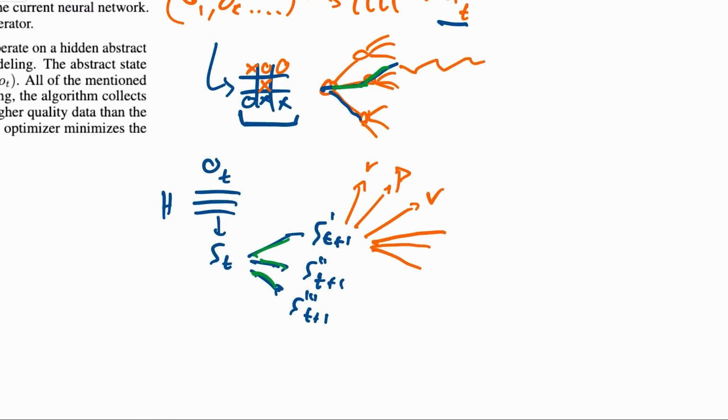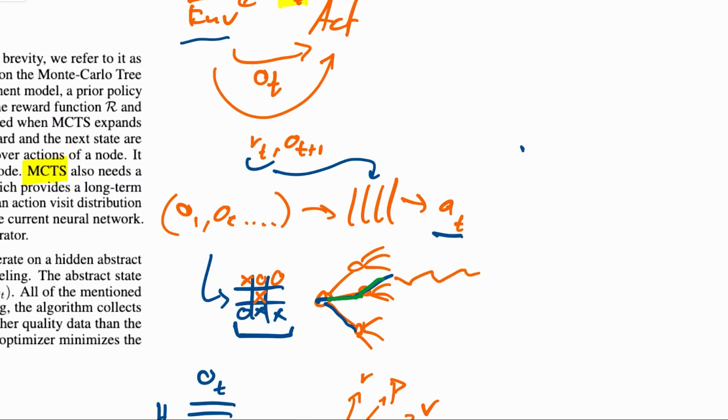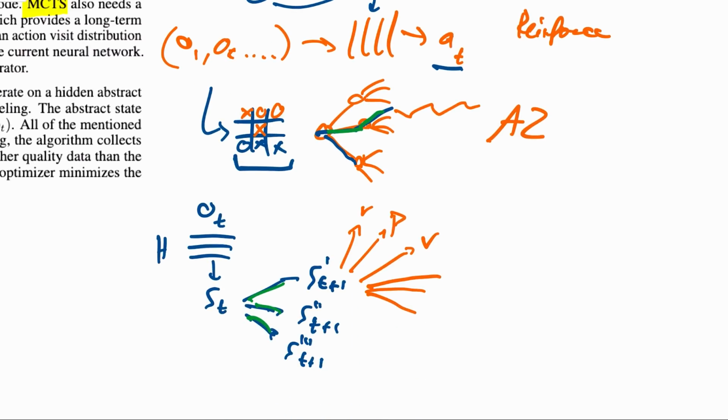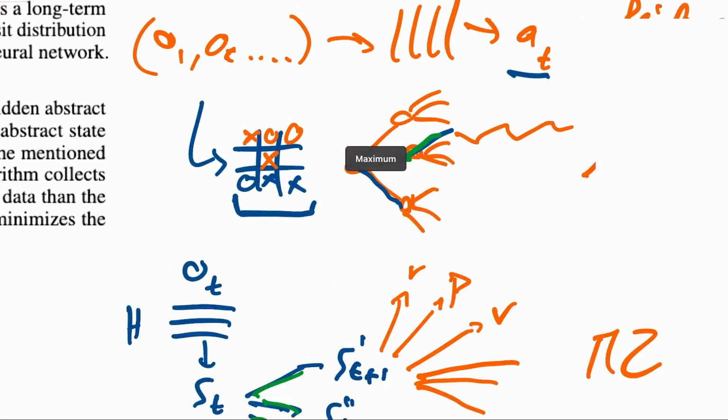And the value is my future reward when I go from here. These are the things that MuZero predicts, and with that, it is able to search this latent tree. Note the addition to AlphaZero, which is this run right here. So we might label this as something like reinforce, this is AlphaZero, and this is MuZero. The difference to AlphaZero is that we no longer have an explicit model.